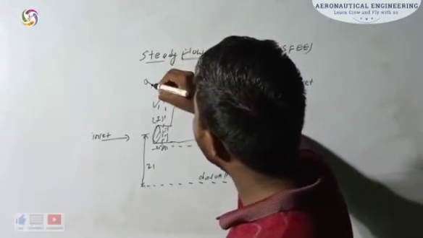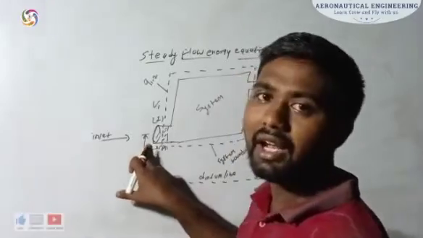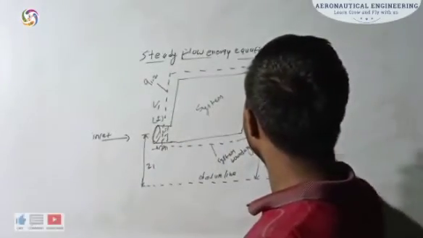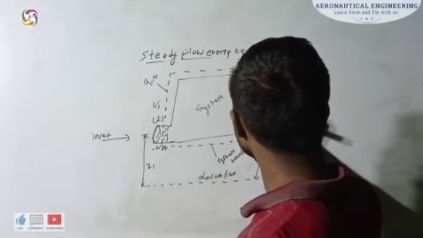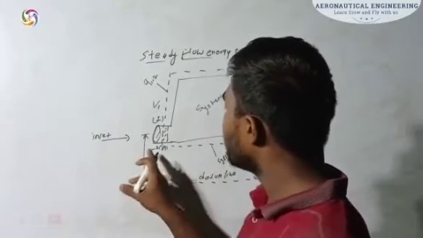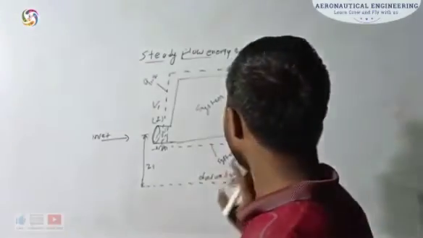I am taking Q12 as the heat exchange between the inlet and outlet of the system, and W12 as the work between the inlet and outlet of the system.